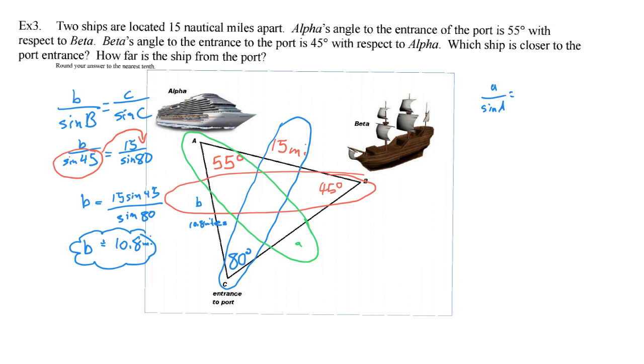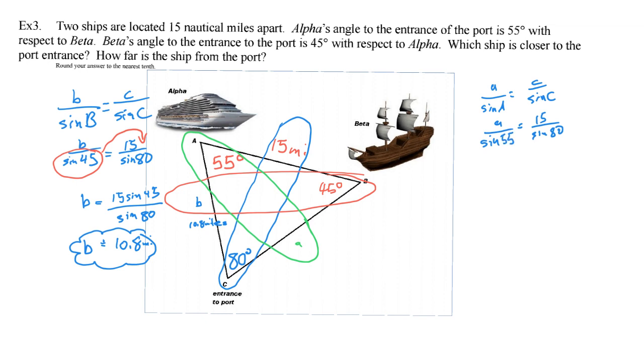So we have C over sine of C, and then C over sine C is just 15 over sine of 80. And A over sine of 55.